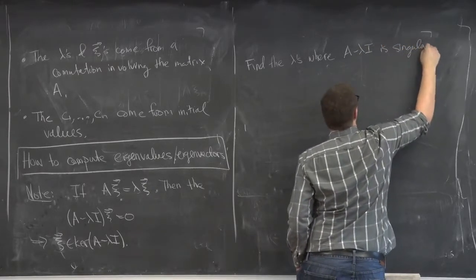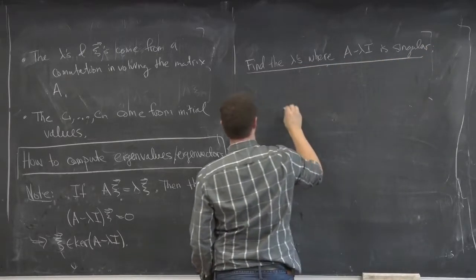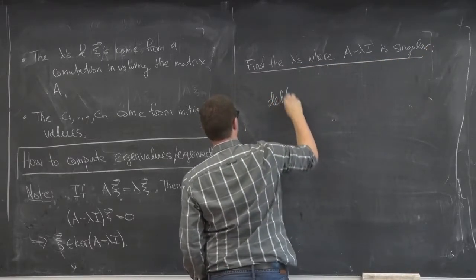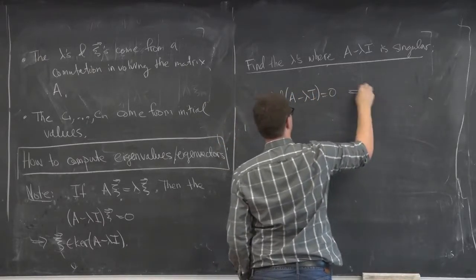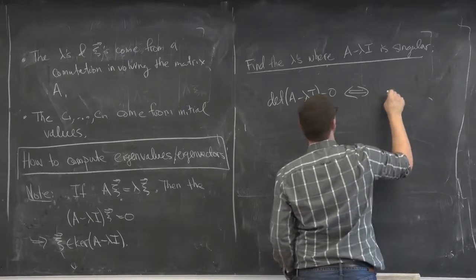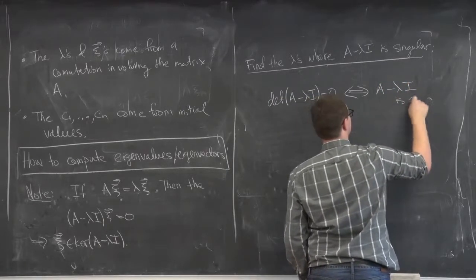This is what's called finding the characteristic polynomial. So we have this if and only if A minus lambda I is singular.